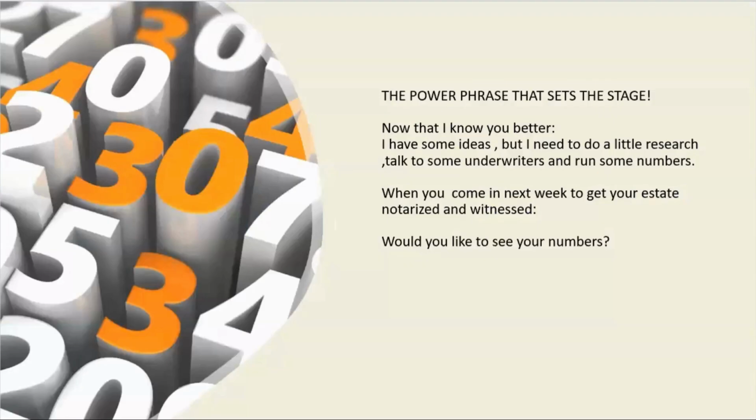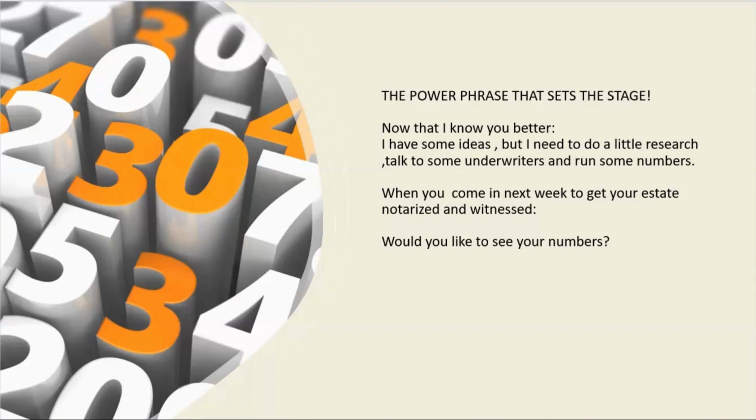The power phrase that sets the stage is, now that I know you better, I have some ideas, but I need to do a little research, need to talk to some underwriters, and run some numbers. I know that comma's in the wrong place. When you come in next week to get your estate notarized and witnessed, would you like to see your numbers?